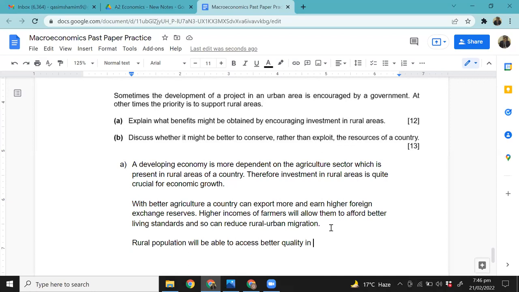Correct. We'll be able to access better quality education and healthcare, which will provide a more trained and productive workforce. Now think about this. Another challenge that these developing countries face is that the rural population is not very educated, right?